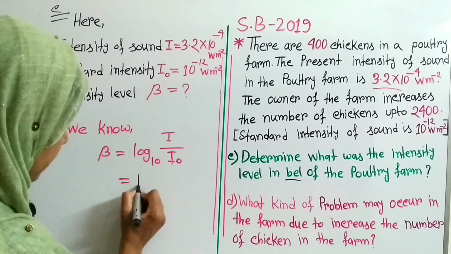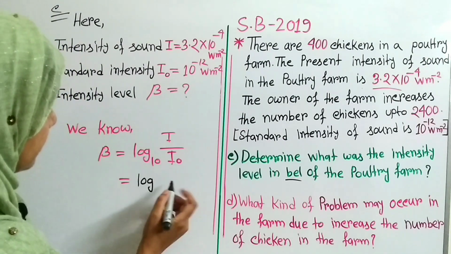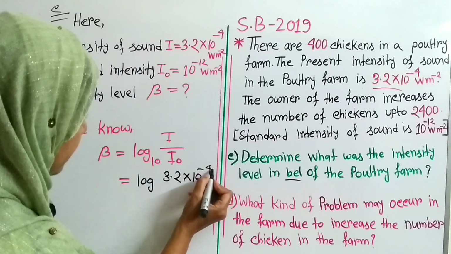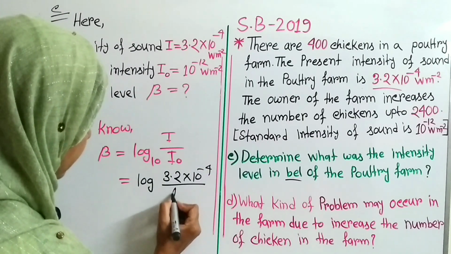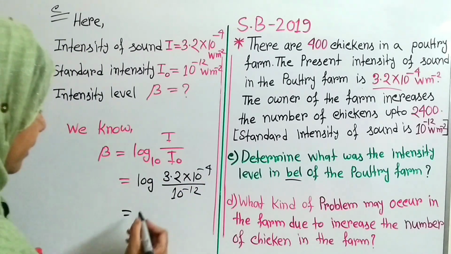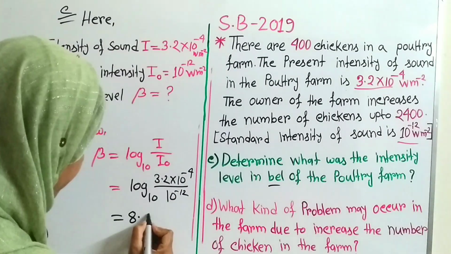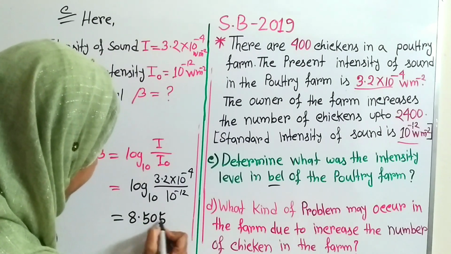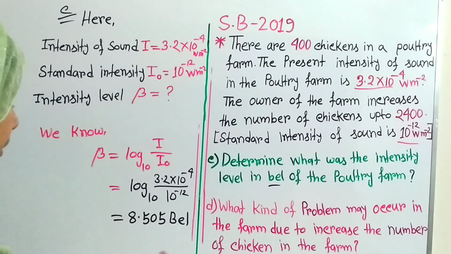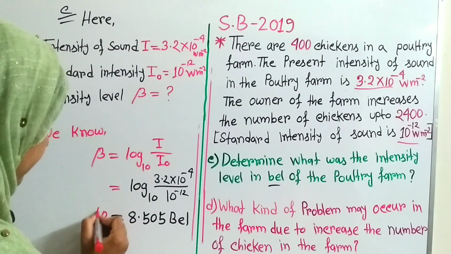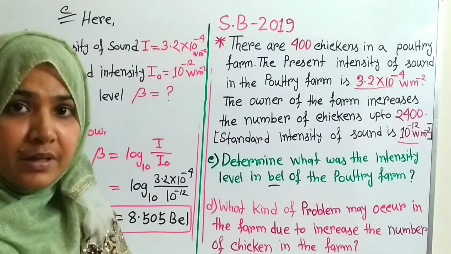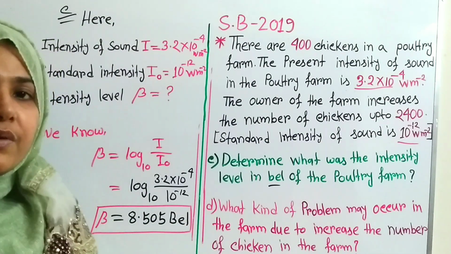Now log of the value of I, 3.2 into 10 inverse 4, and the value of I naught is 10 inverse 12. After calculating it, you will get the answer 8.505 bel. So this is the answer of question number C.